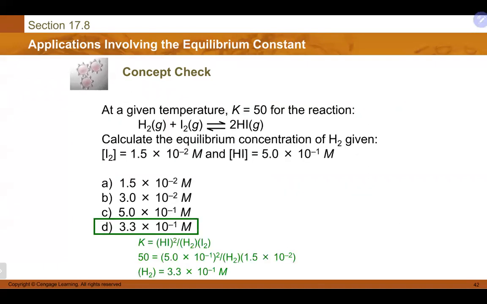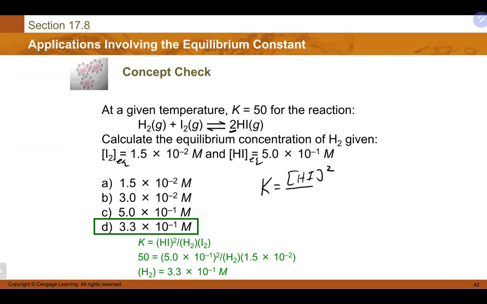So here's an example of that. In this reaction, H2 plus I2 goes to 2HI. Calculate the equilibrium concentration of H2, given that these are the equilibrium concentrations of these species. And we do have the K value of 50 given to us. We would start by writing our equilibrium expression, which is our products, HI, and we would square it because of the coefficient that is there.